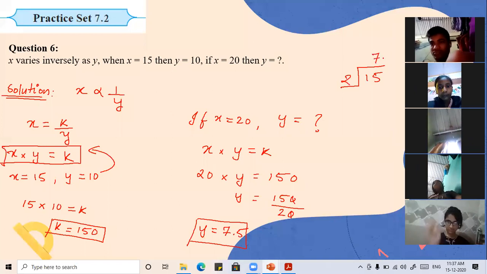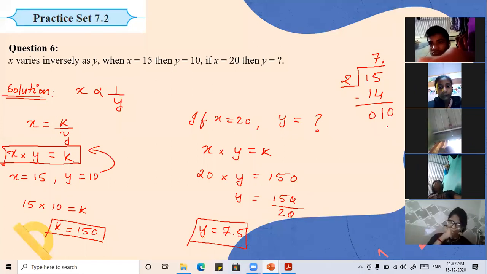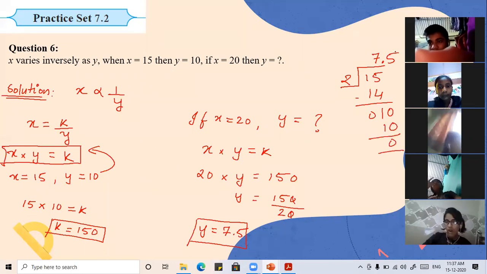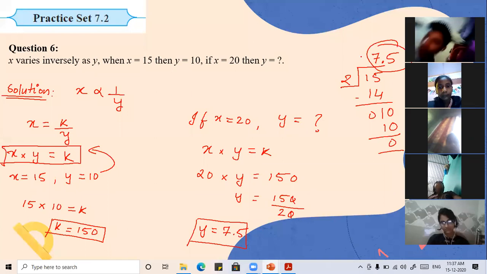So 2 7s are 14. 1 remains here. Then you put a decimal point. Then 0 comes here. 2 into 5, 2 5s are 10. This becomes 0. That's how you get 7.5. 15 divided by 2. Now is it clear, Nishika? Yes, sir.